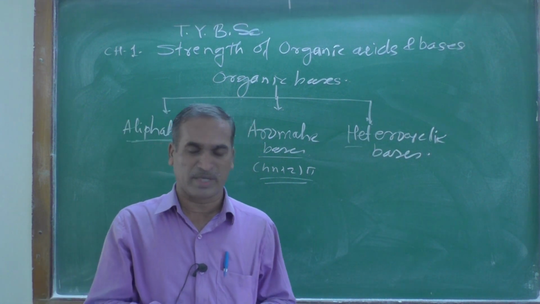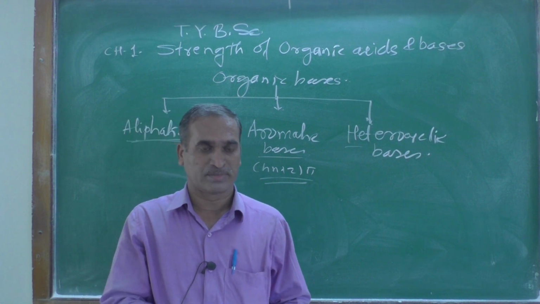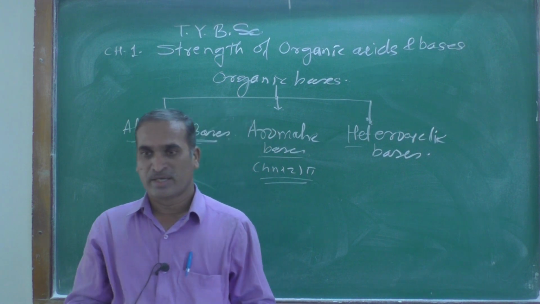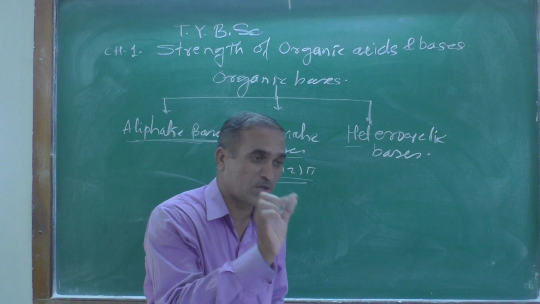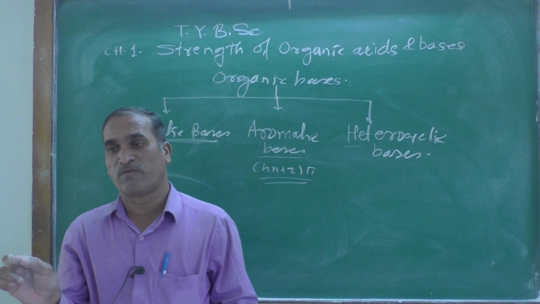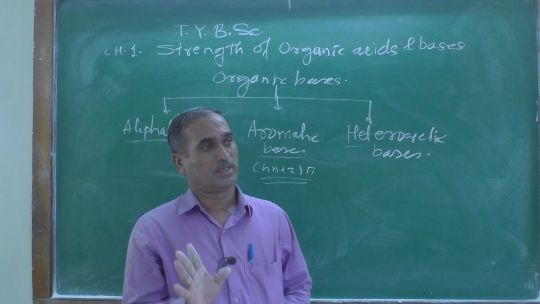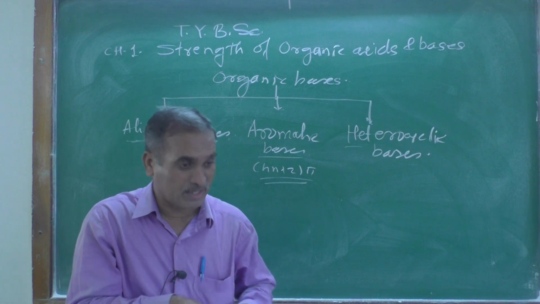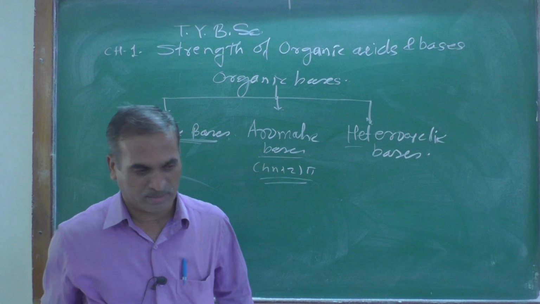Heterocyclic bases mean what? One of the carbon atoms in an organic compound gets replaced by a heteroatom. The heteroatom may be oxygen, nitrogen or sulfur. A few elements are capable of exchanging into that cycle, and therefore that type of base is called a heterocyclic base.